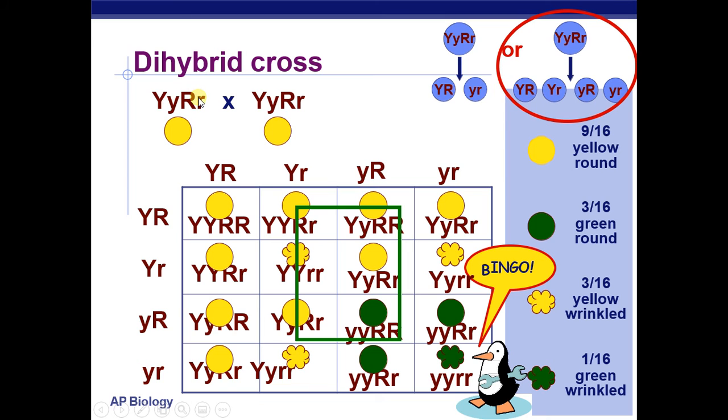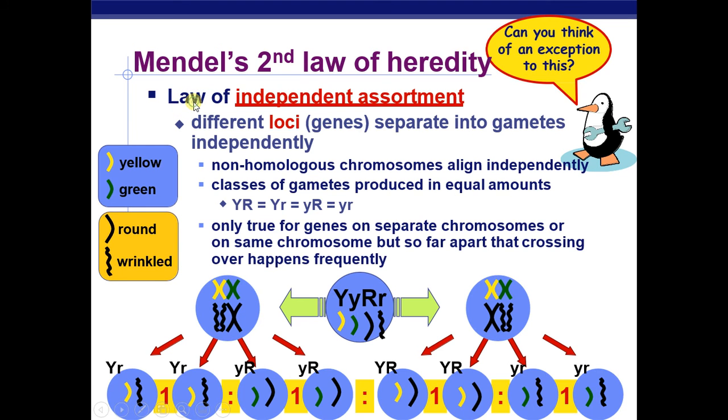These two are independent. So just because you got a dominant Y doesn't really affect which allele you got, dominant or recessive, for round or wrinkled.